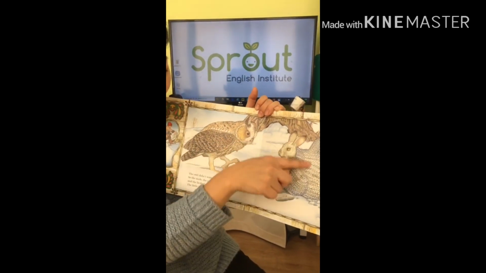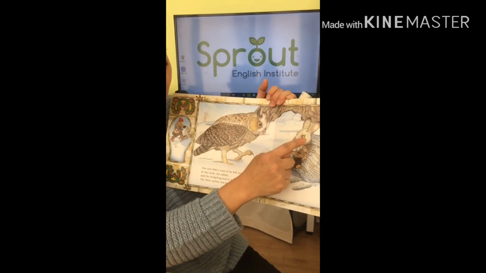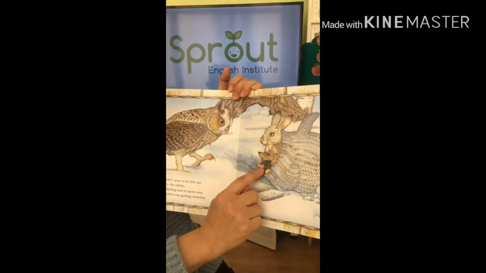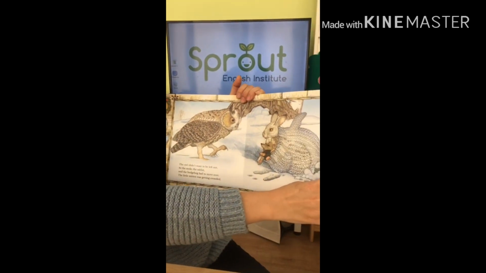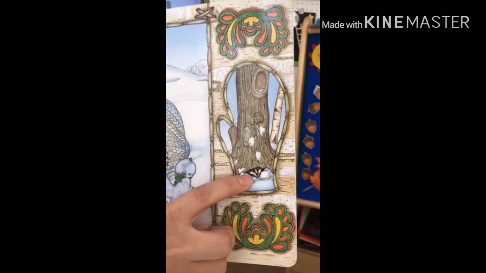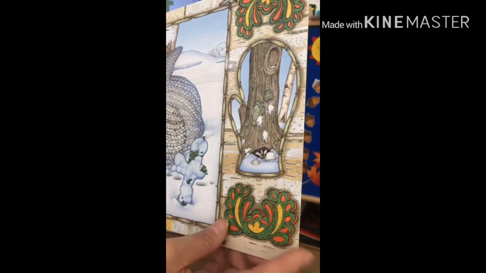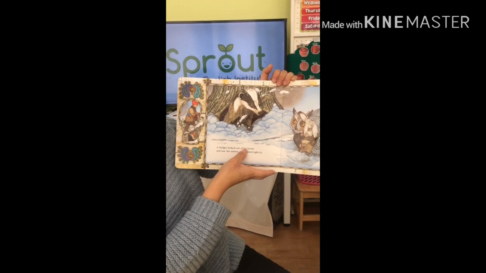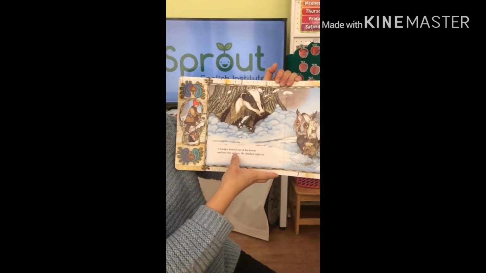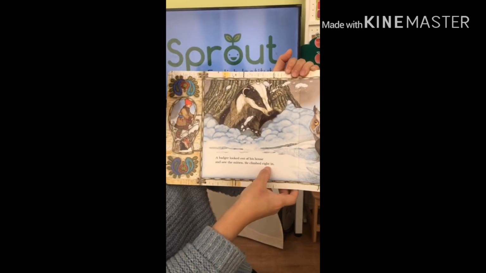Okay, so probably the owl, the rabbit, the hedgehog, the mole are inside the mitten. And who's our friend poking outside? It's a badger. A badger looked out of his house and saw the mitten. He climbed right in.